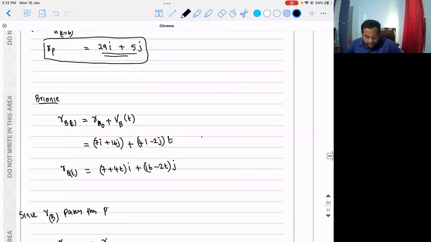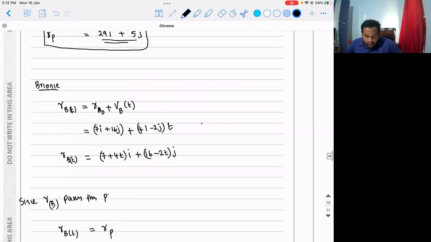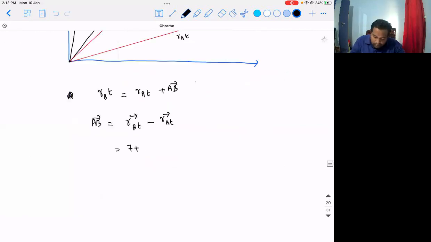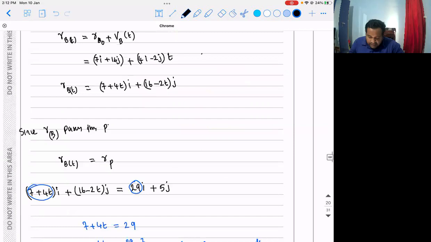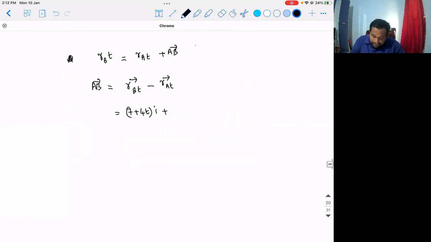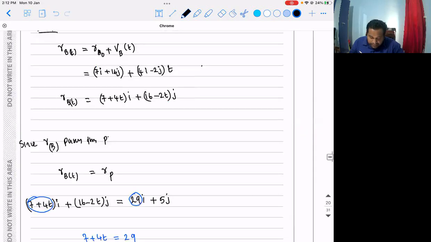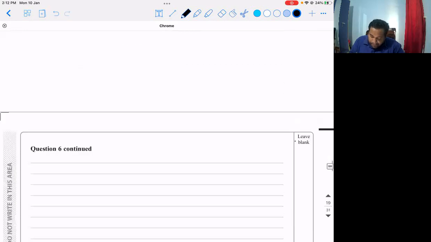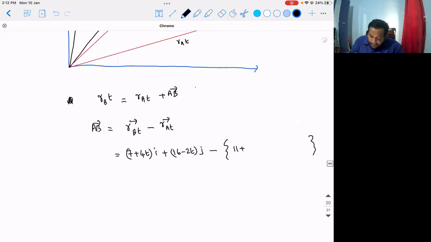We have already calculated it: (7 + 4t)i + (16 - 2t)j, minus the position vector of A, which is (11 + 3t)i + (11 - t)j.